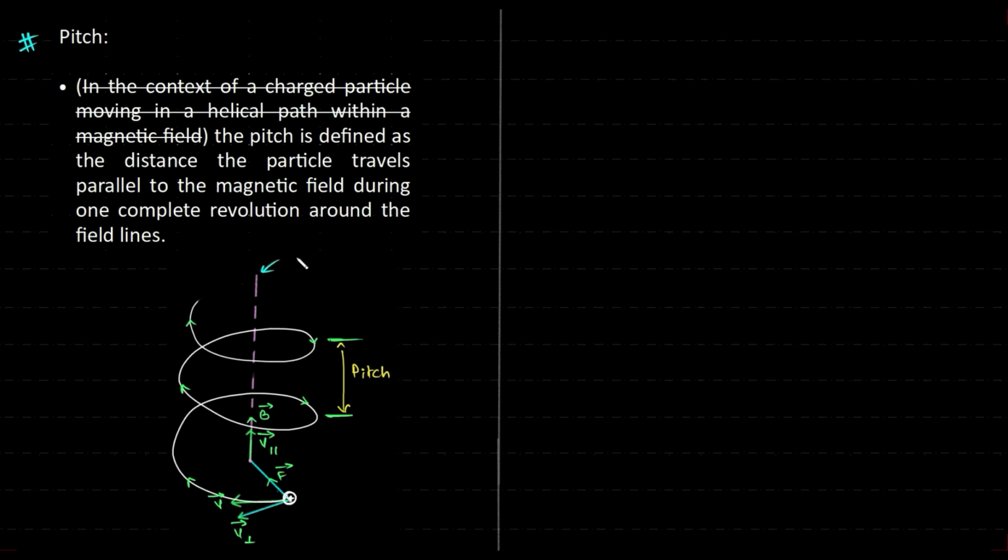This is parallel to the magnetic field, during one complete revolution. So if I go round once, whichever point I had considered before, if it comes back a bit above or below, that's your pitch. That length is your pitch basically.